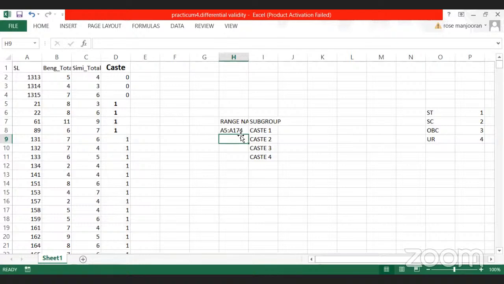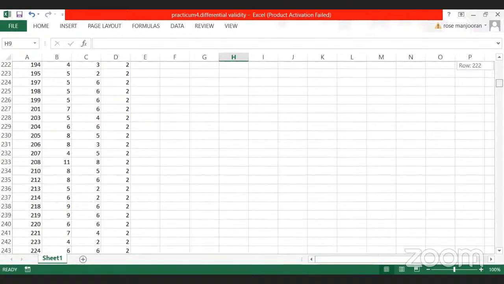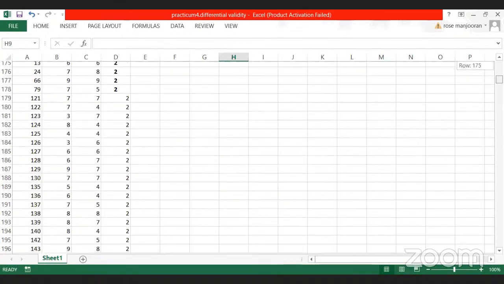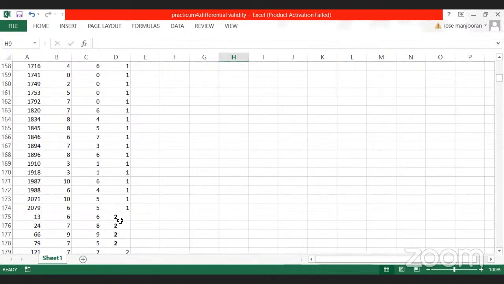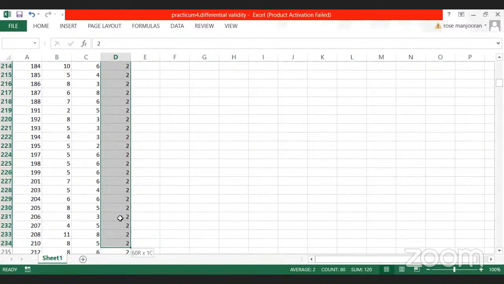So similarly, we have to find the range name for caste 2. We'll first select the data from 2, then we will find it. So we'll select this.